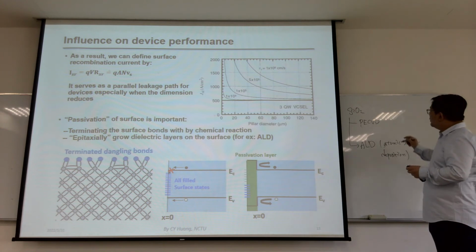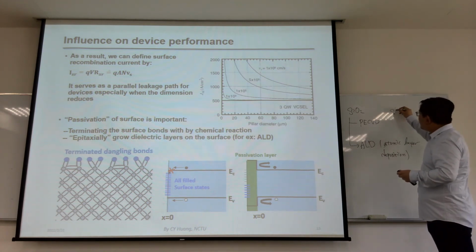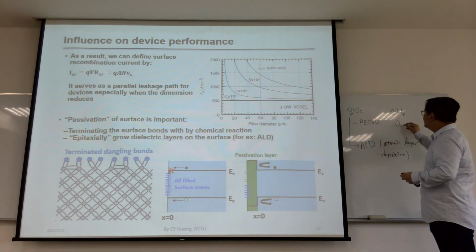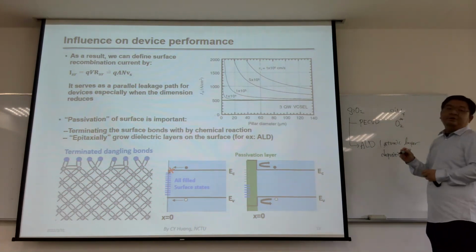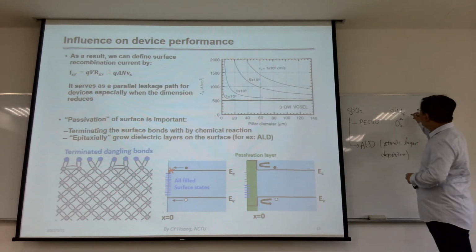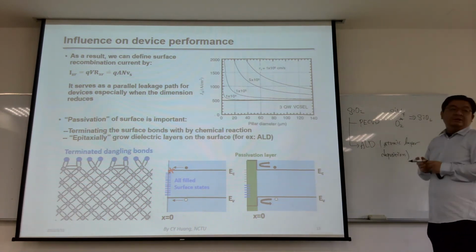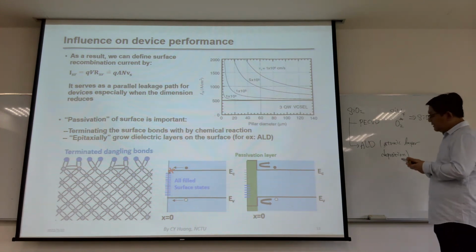PECVD will flow in SiH4 and O2 plasma into your chamber to make SiO2 on your surface.